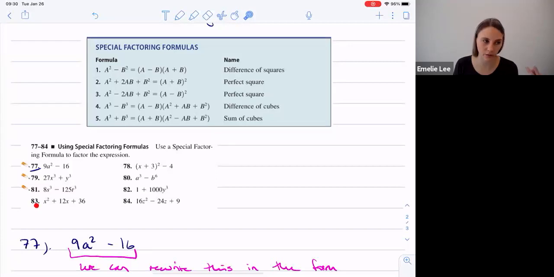So like I said, just seeing something like this, like 83 here, x squared plus 12x plus 36, seeing something like that and translating it to equation 2, I actually find a little bit tricky, right? Because you need to figure out what a is, you need to figure out what b is, and then translate it into one of these special factoring formulas. I find that difficult.